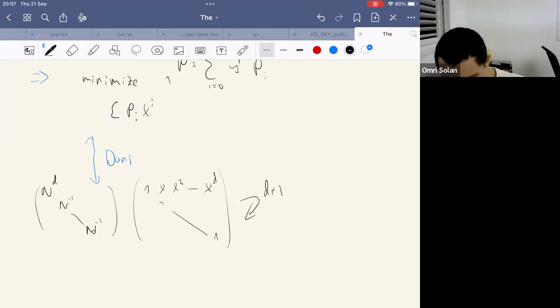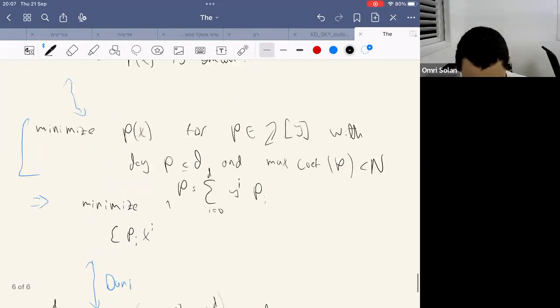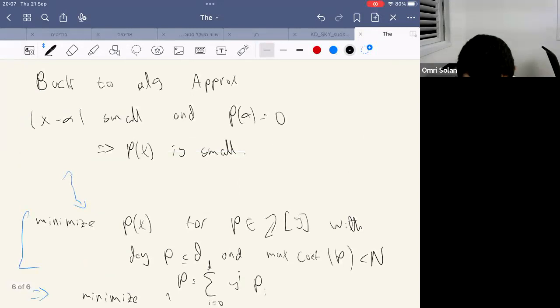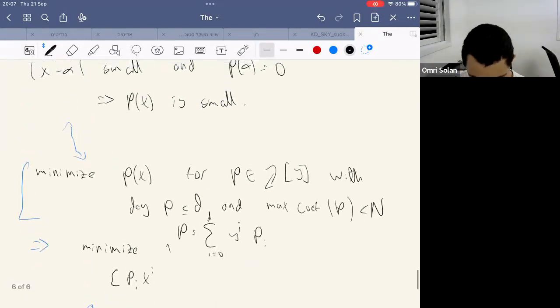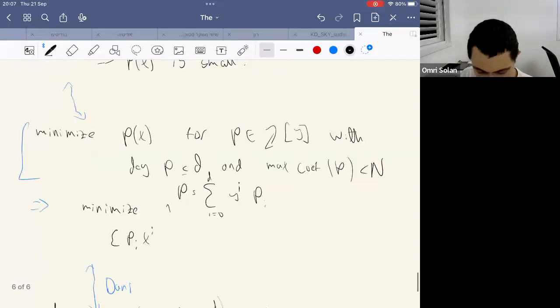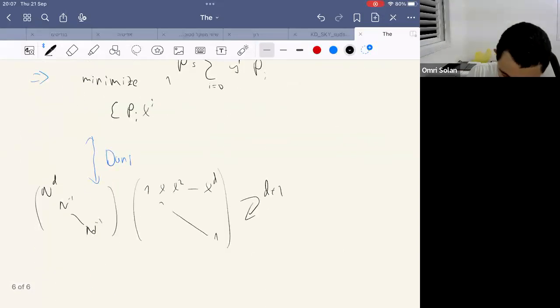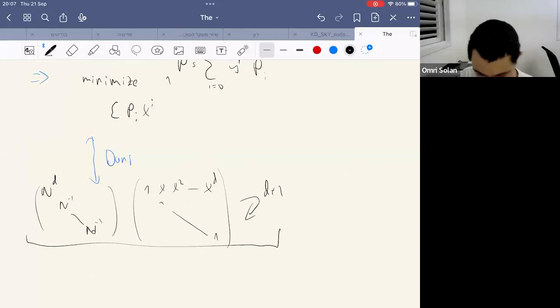So in order to understand algebraic approximations, we need to understand this kind of lattices.